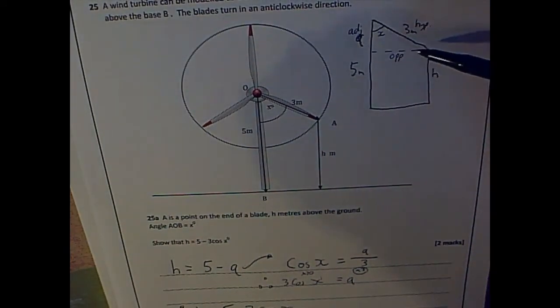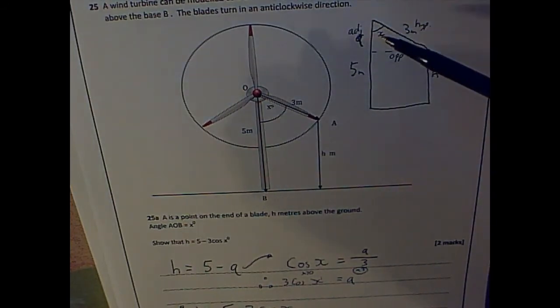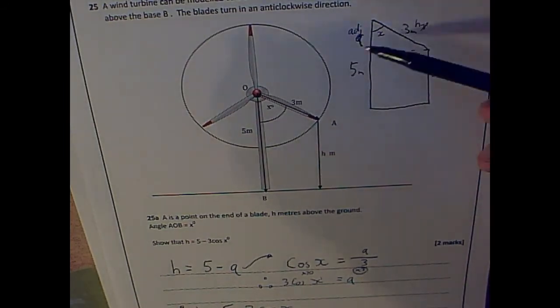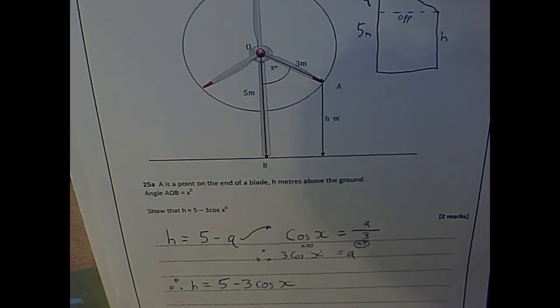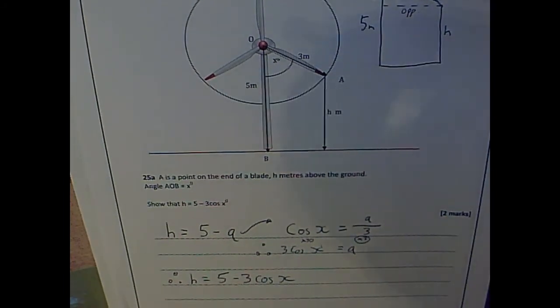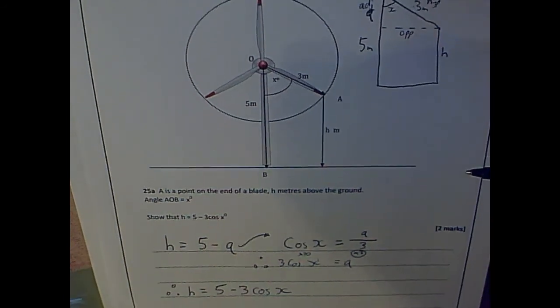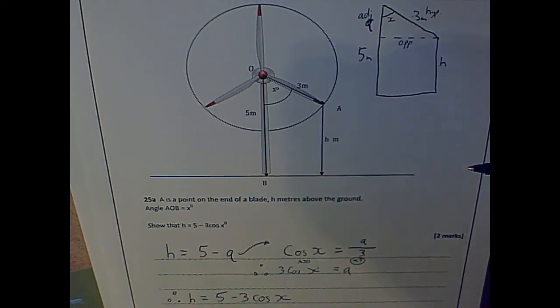I've spotted that I can create a triangle which will help me work it out. And then I've just used my SOHCAHTOA to work out that cos was the key thing that I needed, and gone from there. It is tricky problem solving, but there are ways to simplify it for yourself. It's only 2 marks as well, which is a little bit stingy.